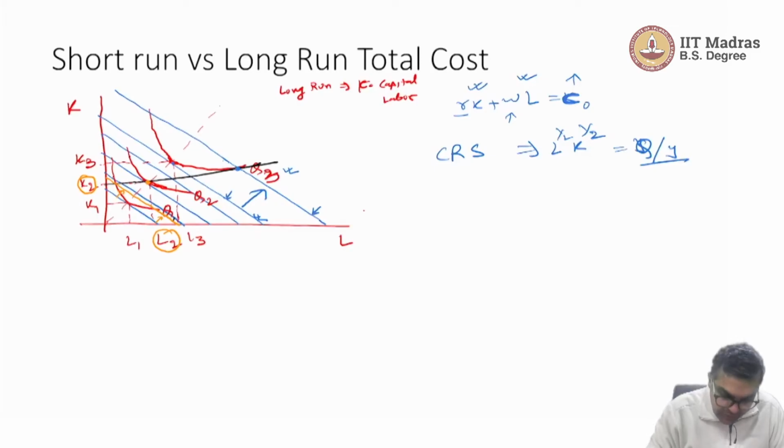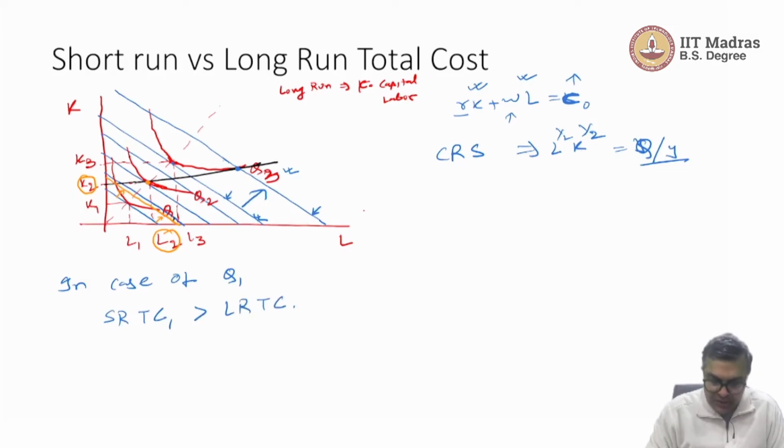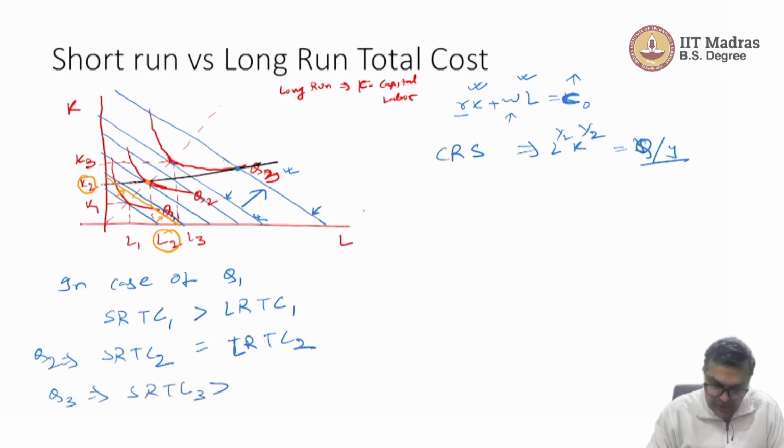In case of Q1, short run total cost is going to be more than long run total cost. In case of Q2, short run total cost is going to be equal to long run total cost, and in case of Q3, short run total cost is again going to be higher than long run total cost.